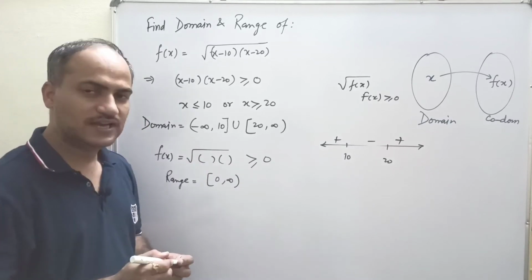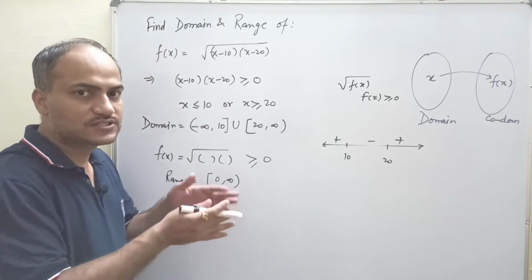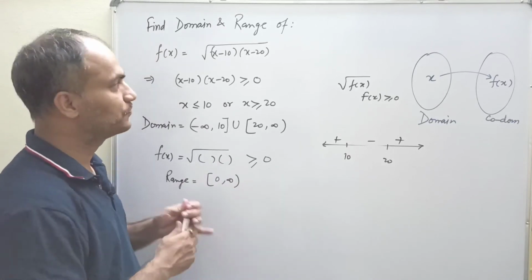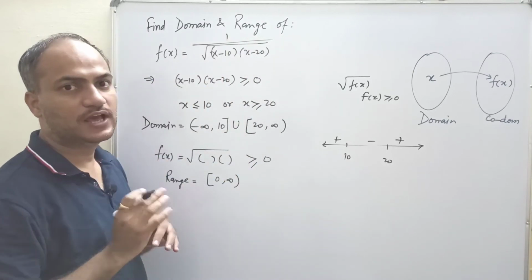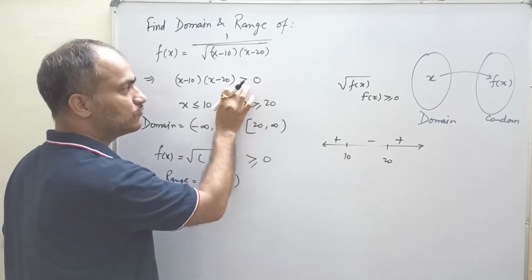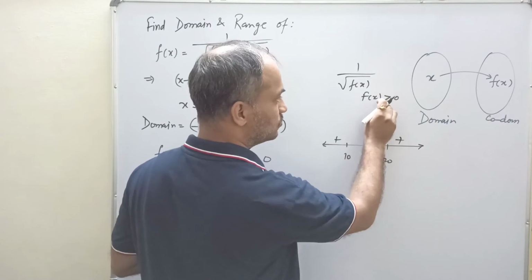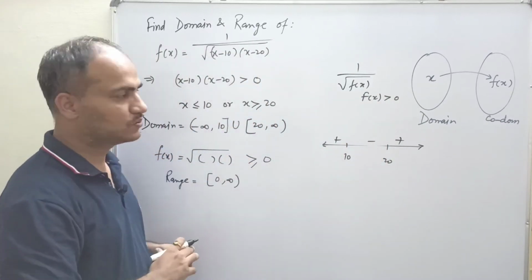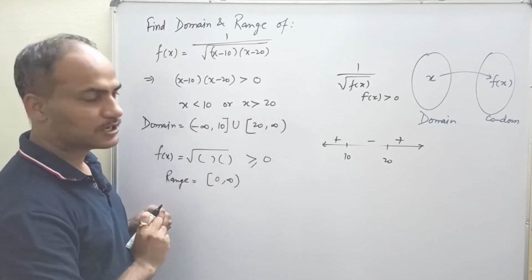Now let us see the next question. What happens if the same expression is in the denominator? Let us discuss. If it is in the denominator, this condition will not be equal to 0, so we have to remove the equal to sign. Here also we will use this condition, so it will be greater than 0. So these two equal to signs will not be there.